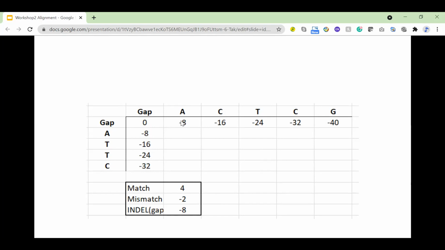But why is it -A? It's because the initial value before is gap to gap, which is the initialization of this whole matrix. We say it's 0 here. So if we keep doing this simple math, 0 minus A equals -A, and then -A is -16.